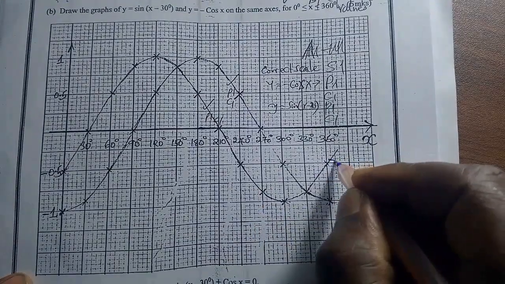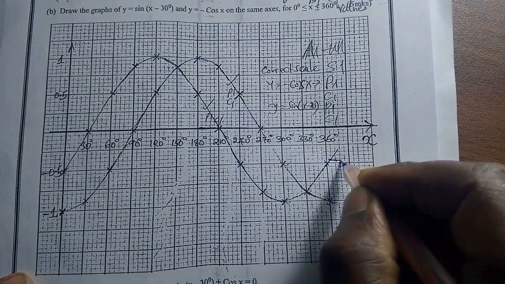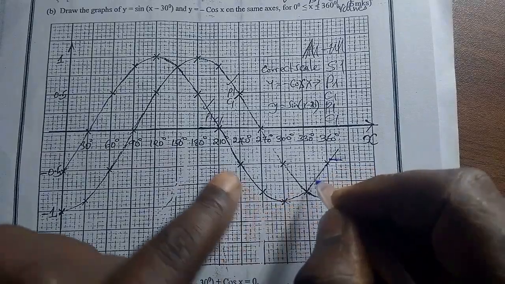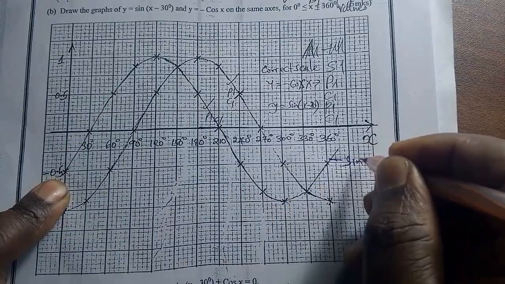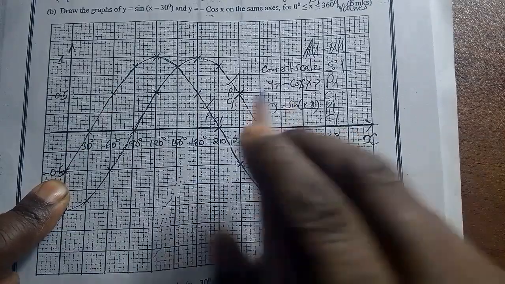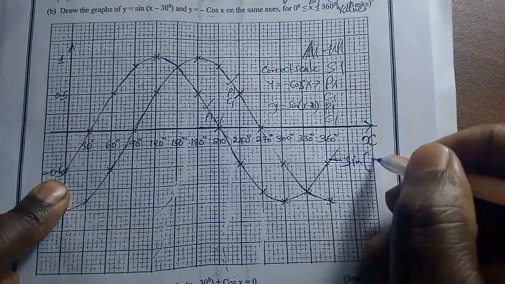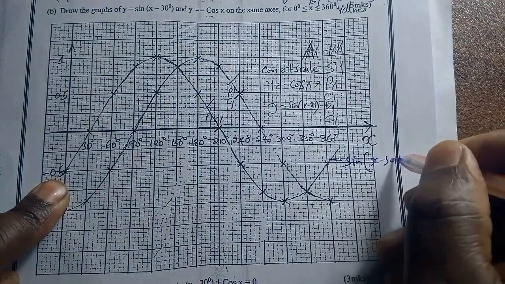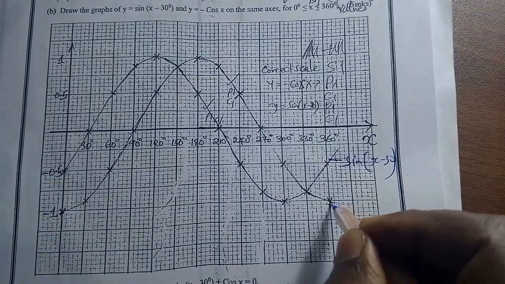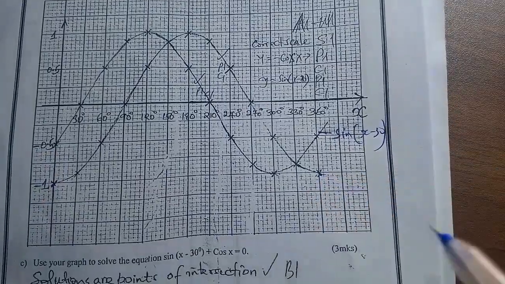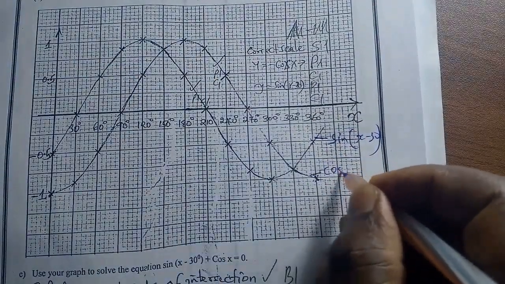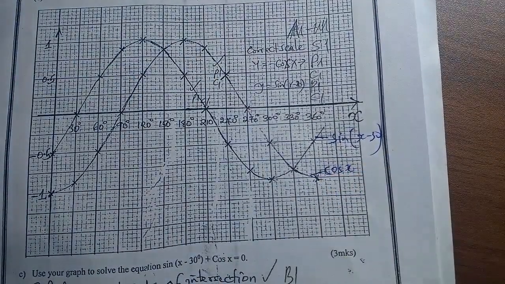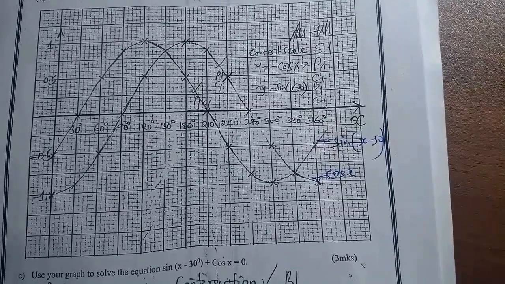Like this, you label and say this one is the graph for sin of x minus 30. This graph here is for negative cos x. That is labeling. Remember to label that for you to score all of the 5 marks.